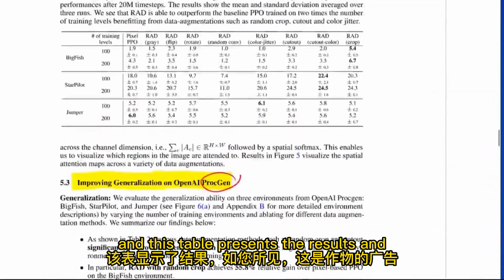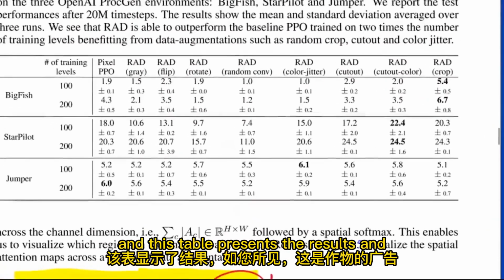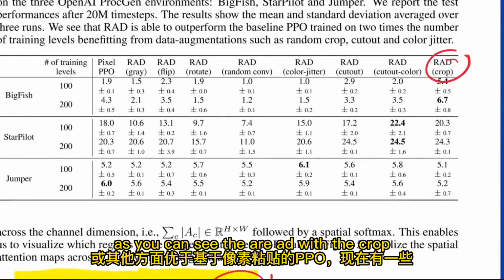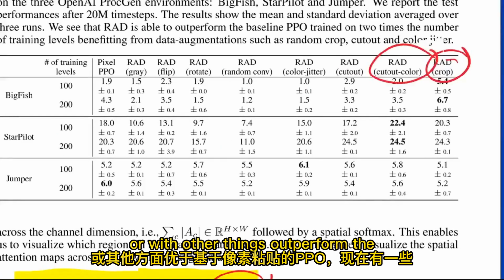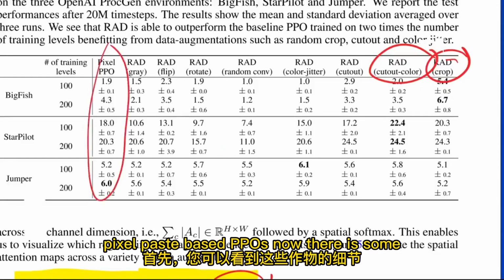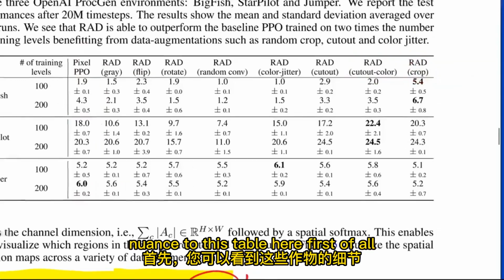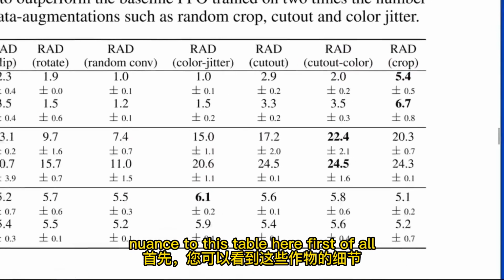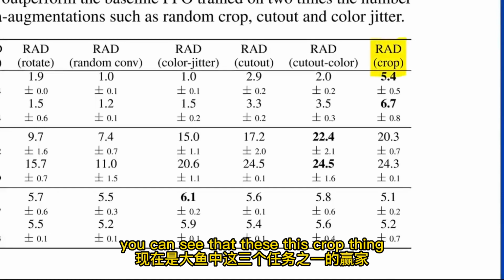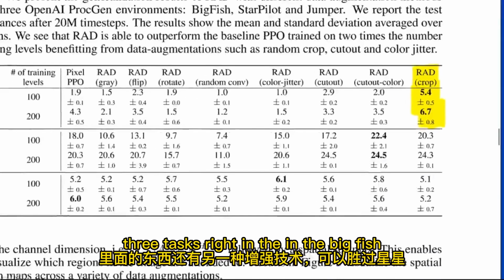And this table presents the results. As you can see, the RAD with the crop or with other things outperform the pixel-based PPOs. Now, there is some nuance to this table here. First of all, you can see that this crop thing is now only the winner in one of these three tasks, right?